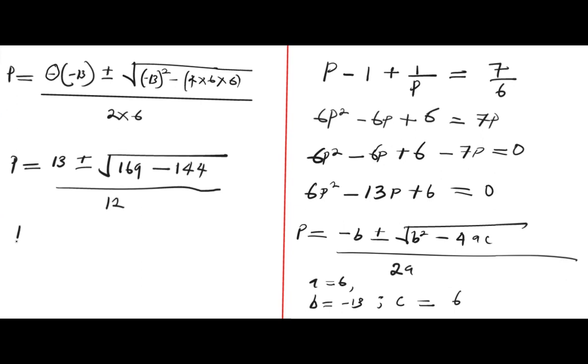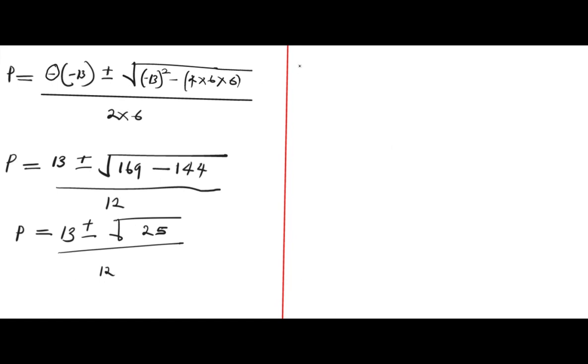So p equals 13 plus or minus, you have square root of 169 minus 144 is 25, okay? You have divided by 12, all right? So you have p equals 13 plus or minus, and square root of 25 is 5, okay?